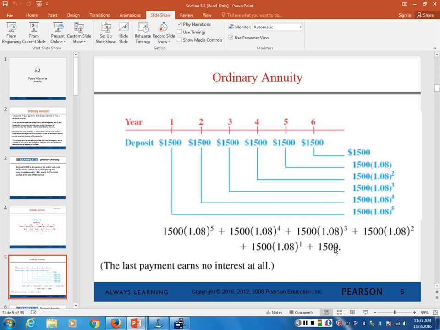And then at the end of the second period, they take that $1,500 and multiply it by 1.08, 1 plus the interest rate, raised to the second power because this is the second compounding period. And in the third, $1,500 times 1.08 for 3 compounding periods and so forth.